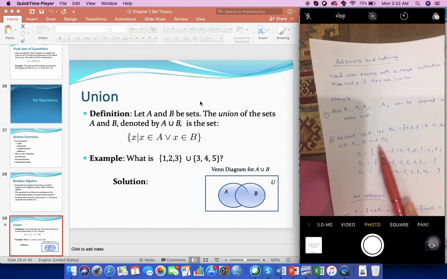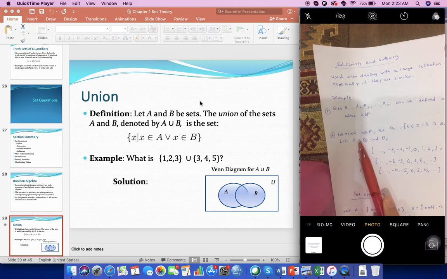Let's look at the first one, D1. So for D1, N here is 1.